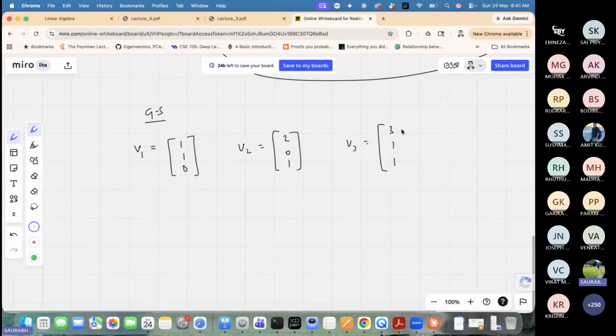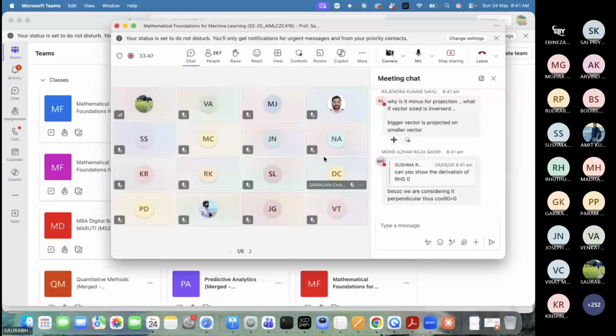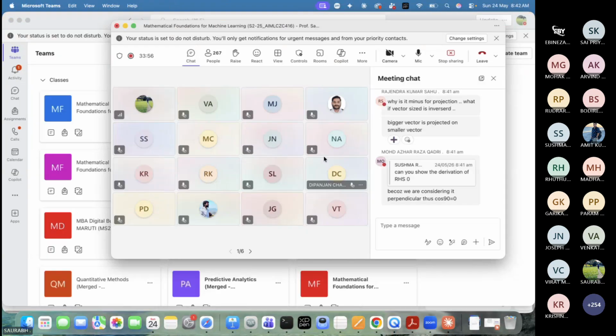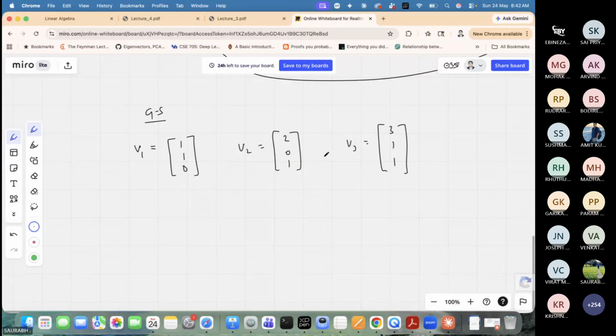Now, are these vectors linearly independent? I'll give you a minute. Are they independent or not?